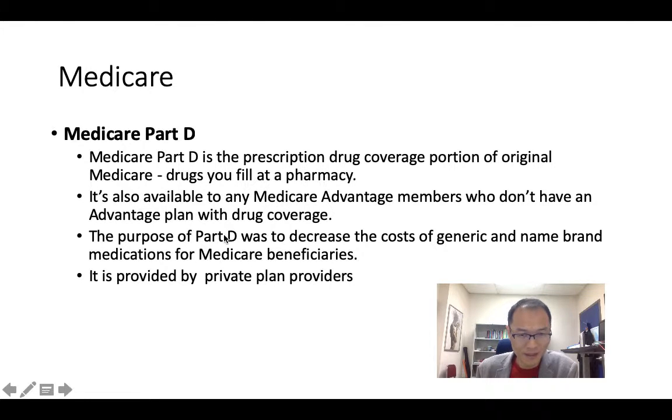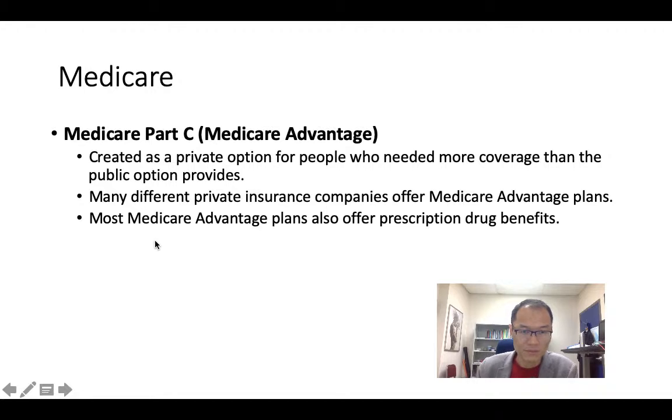So Part D is the prescription drug coverage portion of the original Medicare, which means the drugs you fill at the pharmacy. See, this is where it gets complicated. Part C has prescription drug benefits.